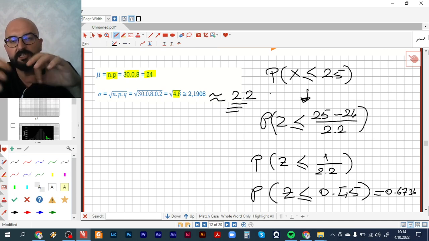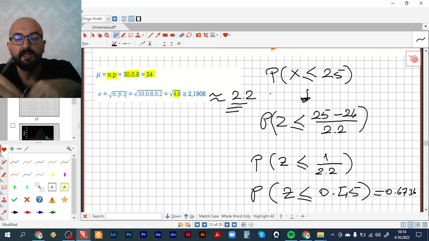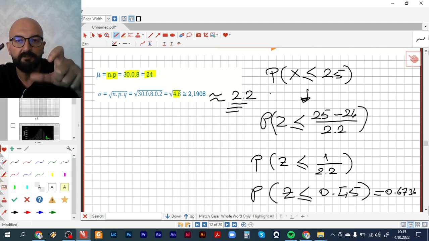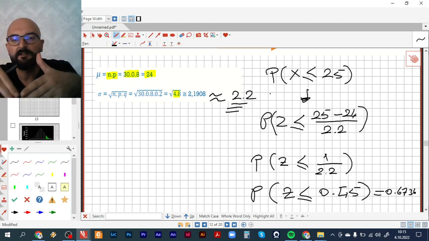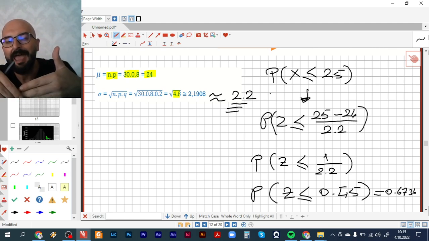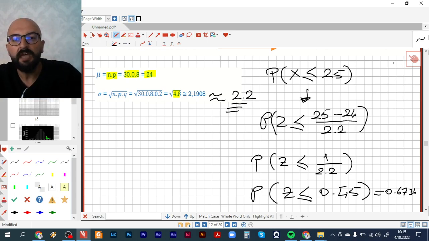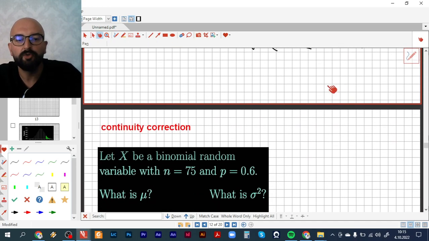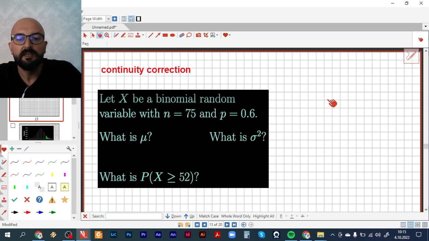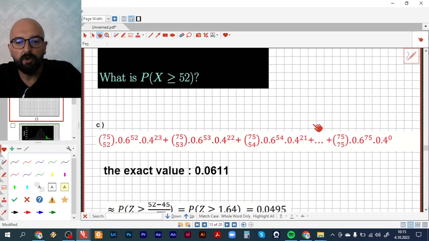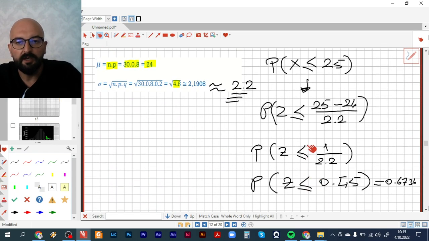But in the normal approximation to the binomial distribution, if we proceed like this, we will have a mistake, because we need the continuity correction.